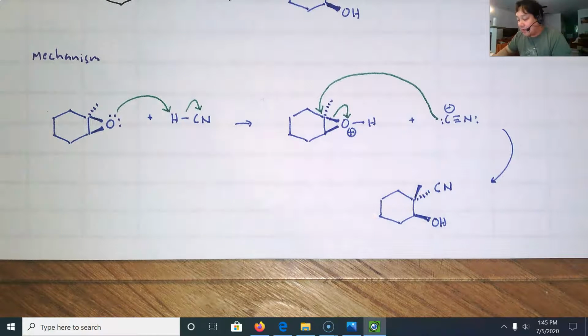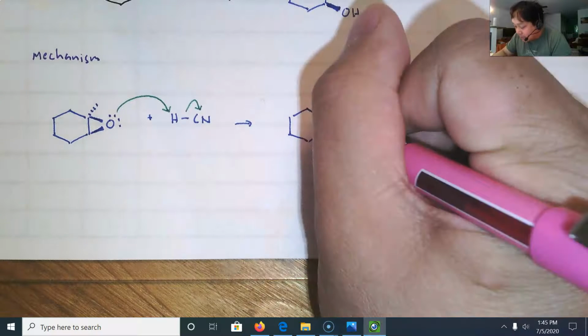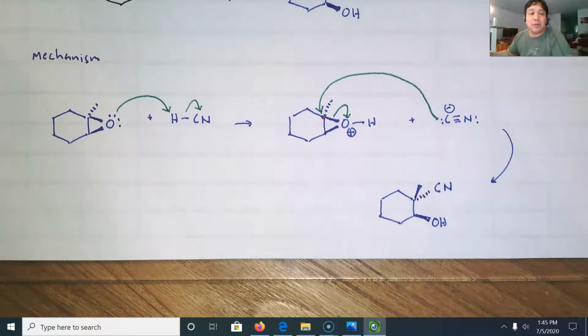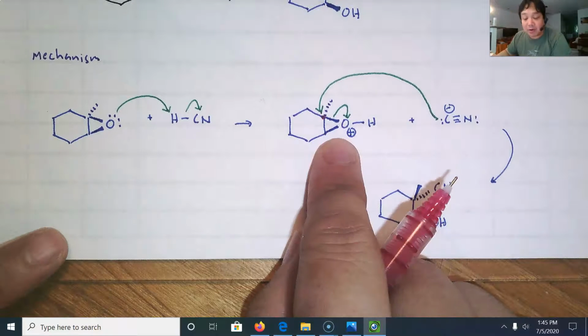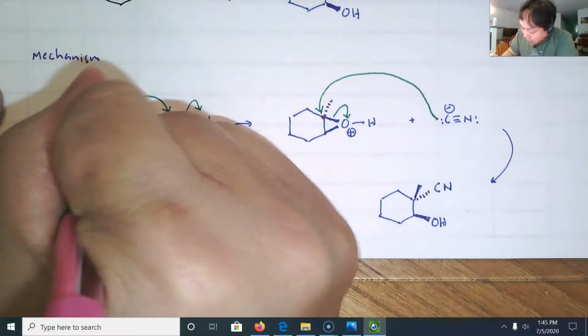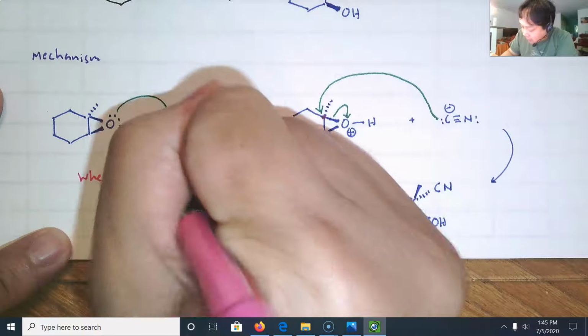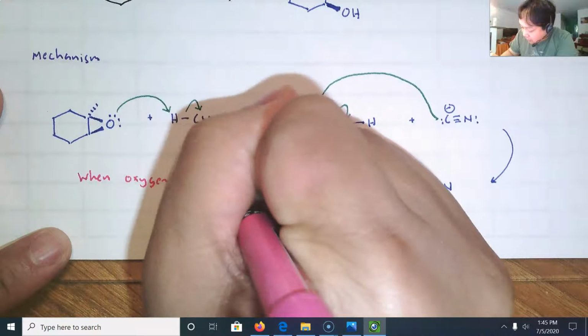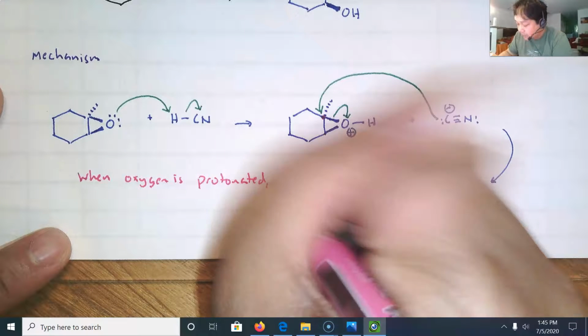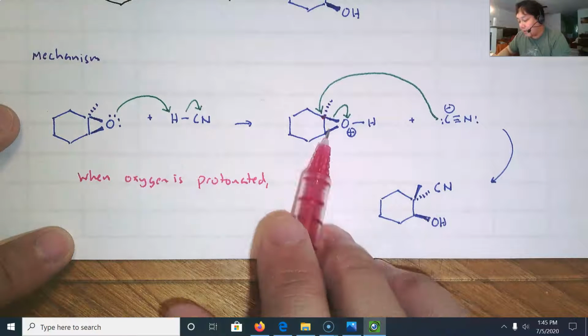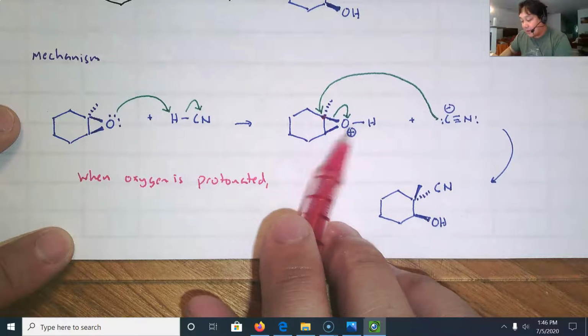Why do I attack the more substituted carbon? And why does it happen only when the oxygen is protonated? When oxygen is protonated, you will start to weaken the bonds of the epoxide.